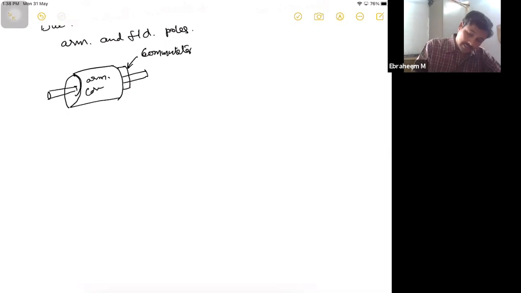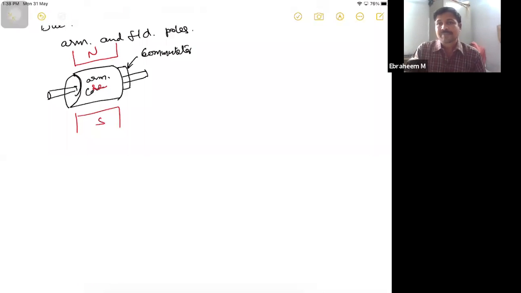So this core is continuously under the influence of the North Pole and South Pole. It is passing through the flux produced by the North Pole and the flux produced by the South Pole. That means the armature is magnetized in one direction when it passes through the South Pole, and in the other direction when it passes through the North Pole.